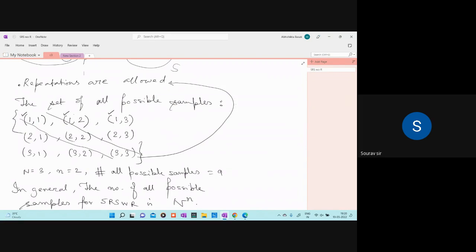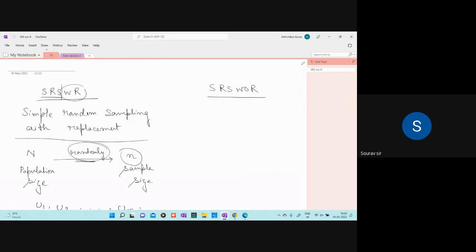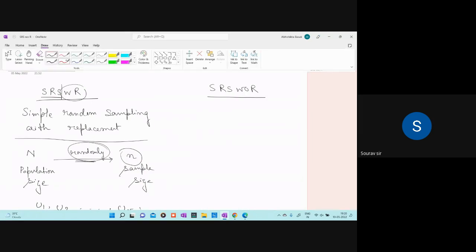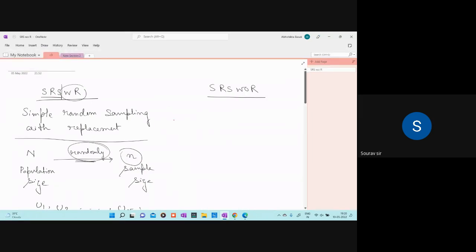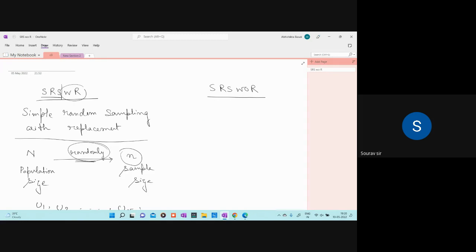Okay. Then going for the SRS WOR part, here I'm using this red color. This is simple random sampling without replacement.